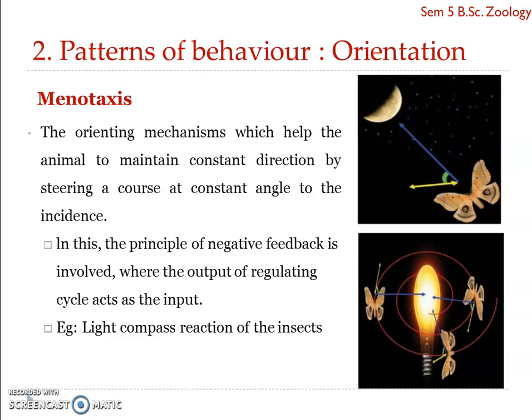Okay, and it is also found in ants, bees, some aquatic crustaceans, etc. So here we can see that there is an orienting mechanism which helps the animal maintain a constant direction by placing themselves at a constant angle to the direction of the stimulus. Okay, so in this type of orientation, generally the principle of negative feedback is involved, where the output of the regulating cycle acts as the input.